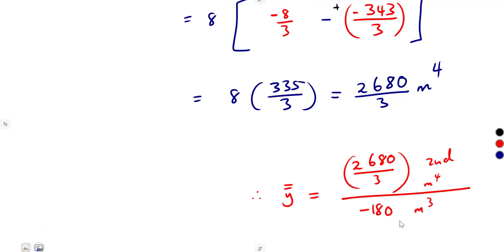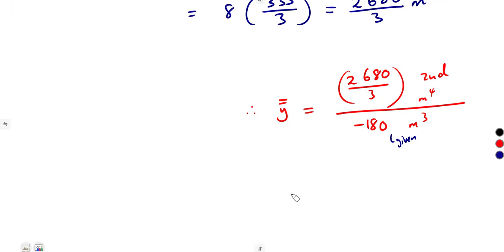Remember, this one we were given. So we just have to substitute and simplify. That is going to give us negative 4,963 meters, just like that.